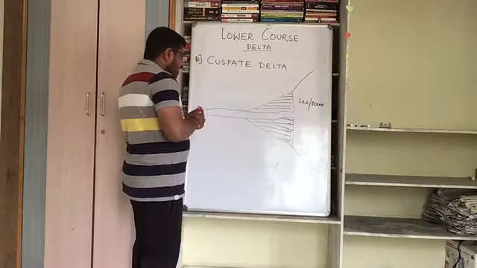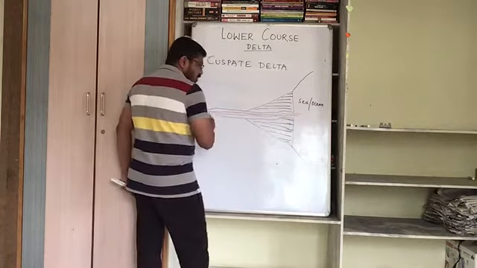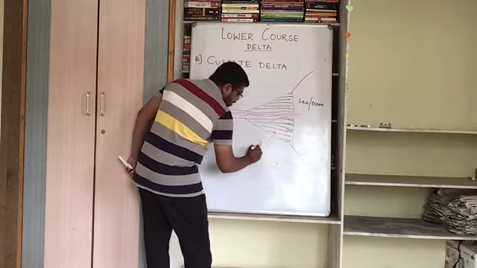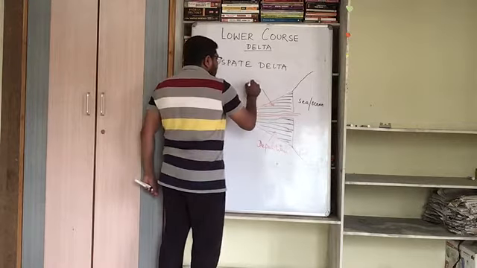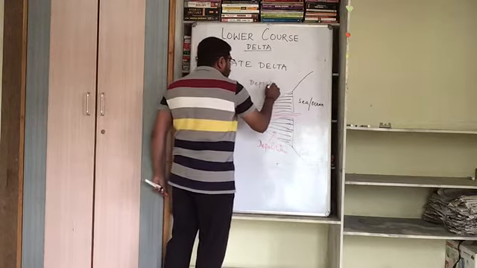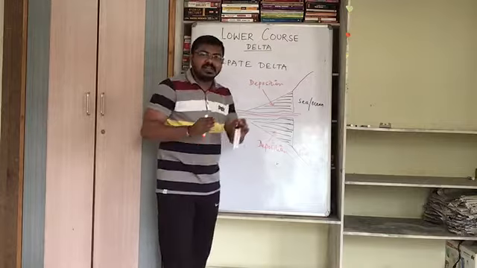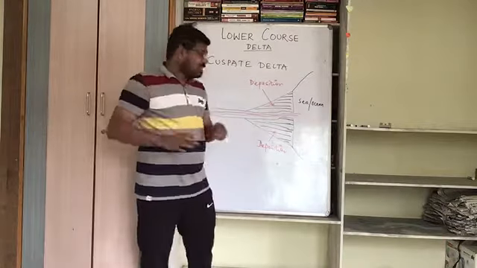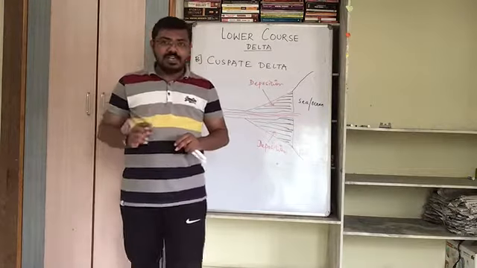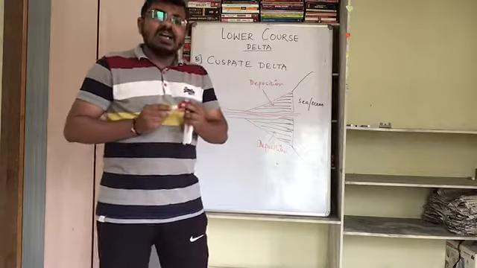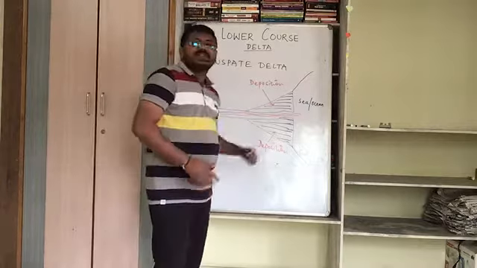So here you can see that the main river is entering into the sea, whereas this side has a deposition of sediments. Here also the sediments are deposited. So deposition took place on both the sides of the river, and the main channel is entering into the sea. Whatever sediments it carries are deposited on both the sides. This type of shape formed by any river is known as cuspate delta. There is a river in Spain which is known as Ebro. Ebro river forms cuspate delta.